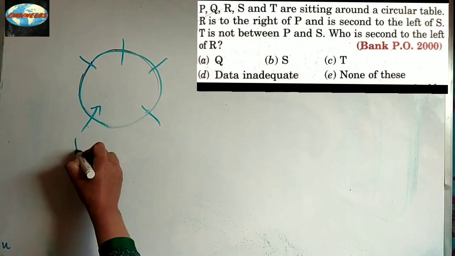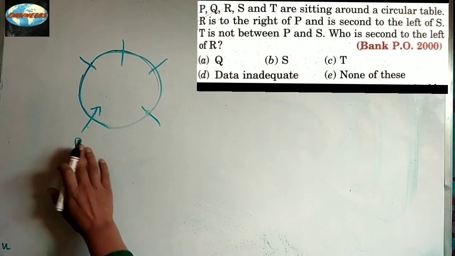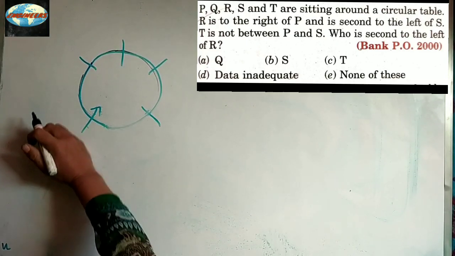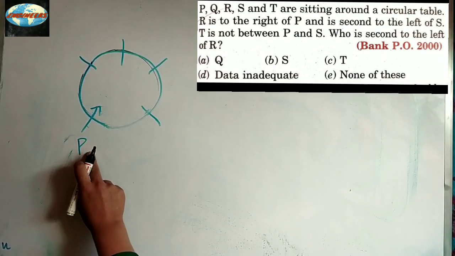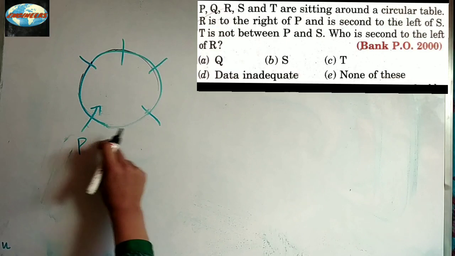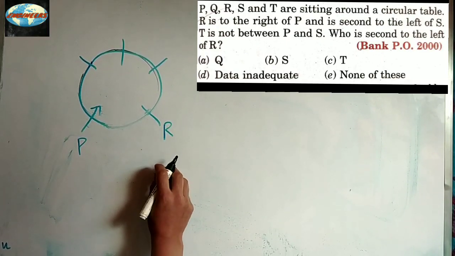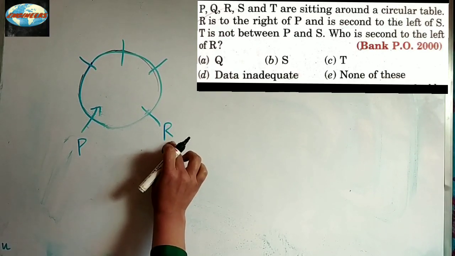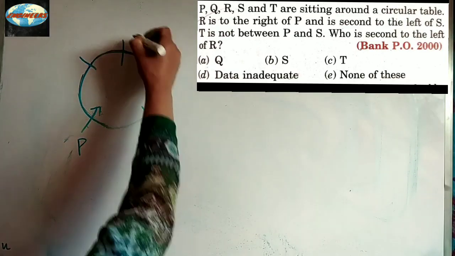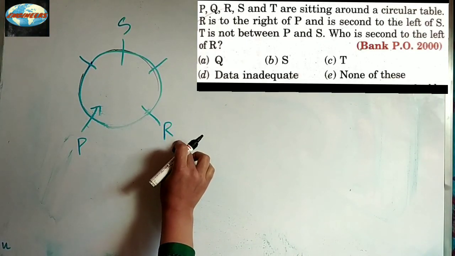Let's take everyone facing towards the center. Let's place P over here. R is to the right of P. We know this is the right direction of P. So R is to the right of P and is second to the left of S. So this is S and R is second to the left of S.